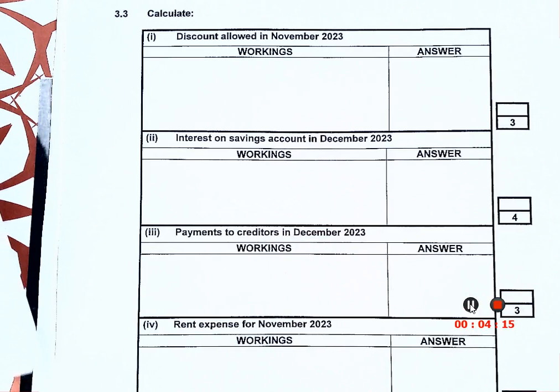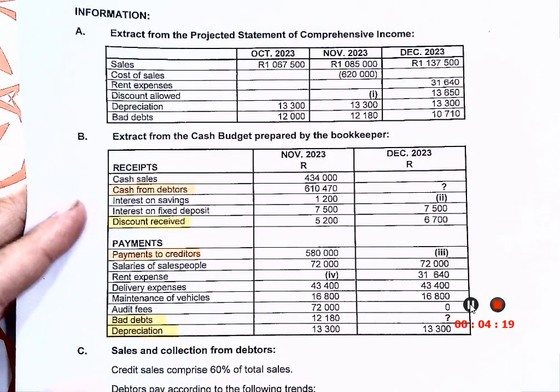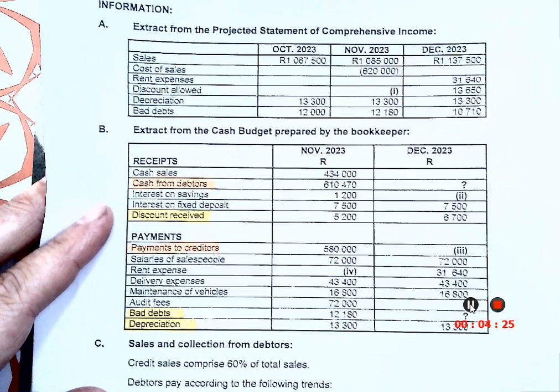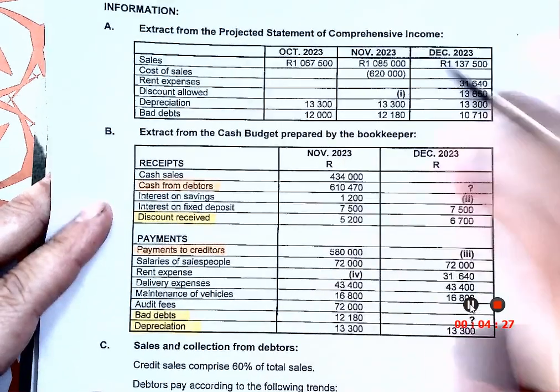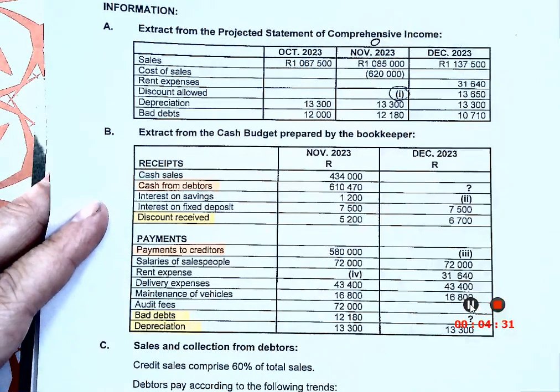So they have to give me information. Discount allowed is what I allow the debtors when they pay. Right? So, November is month 0.